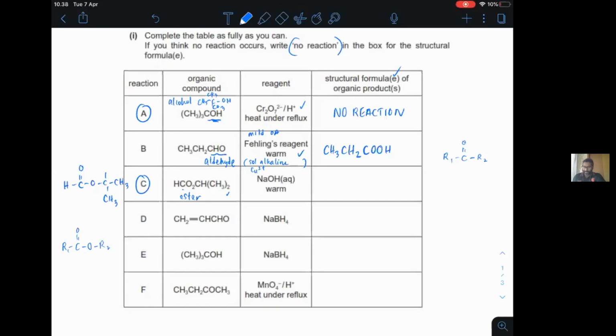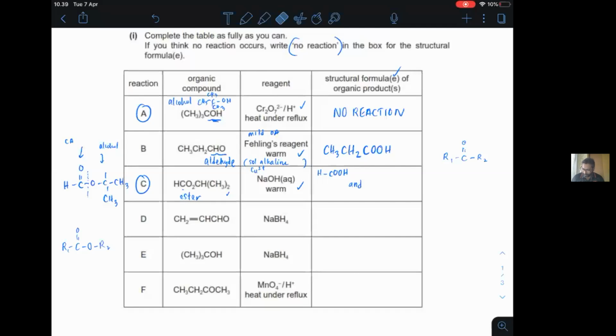When you warm ester with sodium hydroxide, what is going to happen? The ester bond is going to be broken, and you are going to get carboxylic acid and alcohol. Once this is broken, this part belongs to carboxylic acid and this part belongs to alcohol. There are two products here.